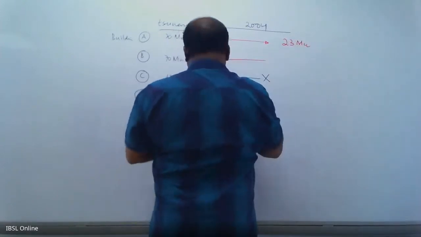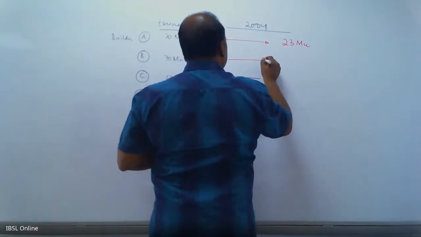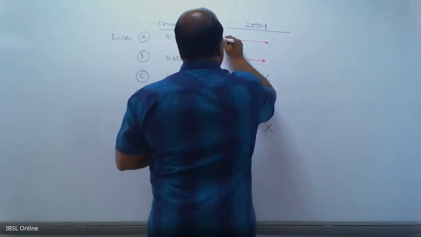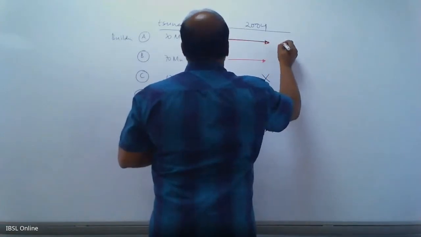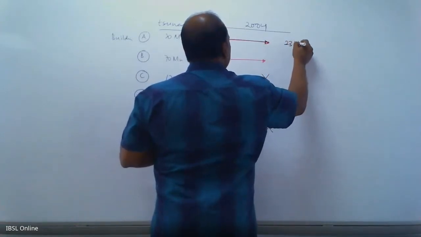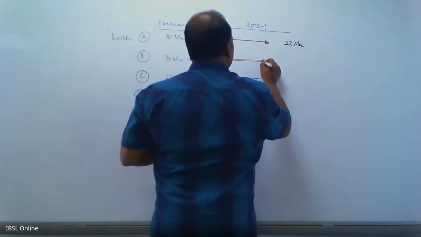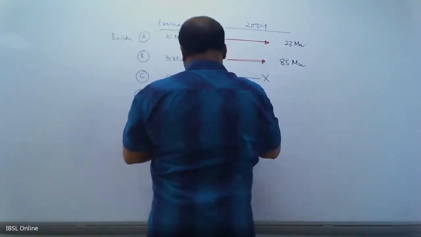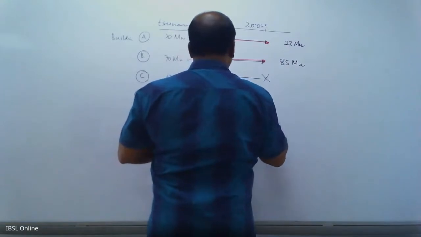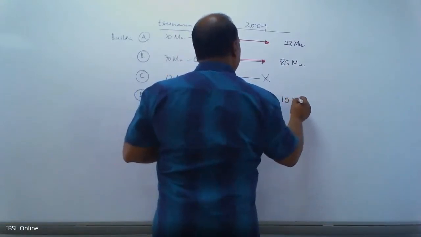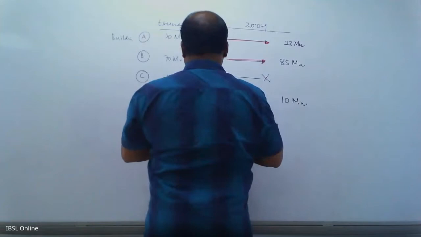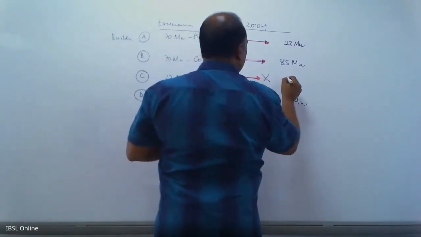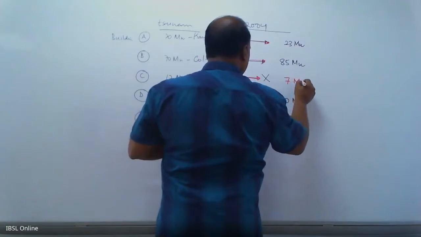And this Colombo property, let's say 85 million, and this, let's say, 10 million, and this, let's say, 7 million.